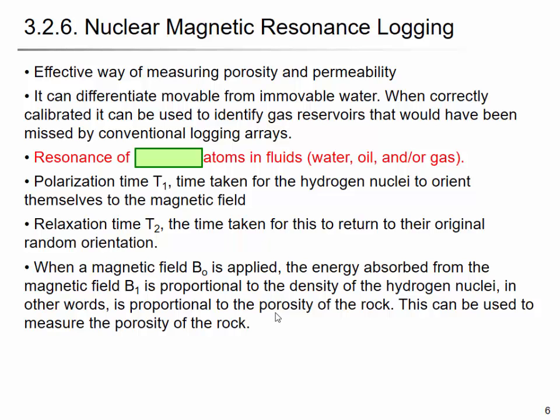It can differentiate the movable from immovable water. So what it does is that it captures the hydrogen nuclide. So it's just a proton, and the movement of the proton, the rotational movement of the proton to be specific.